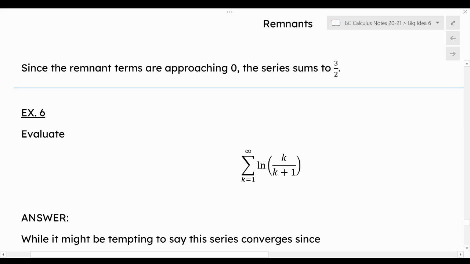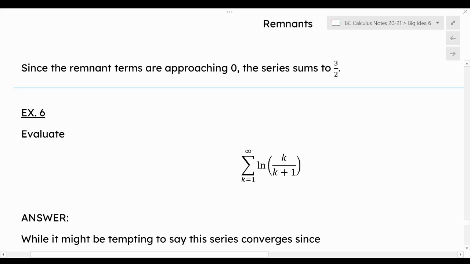The sum from 1 to infinity of log of the quantity k over k plus 1. So this one, again, log of k over k plus 1 at infinity is like natural log of 1, and the natural log of 1 is 0. So you might be tempted to say, well, that series is going to converge because the terms in the sequence go to 0.